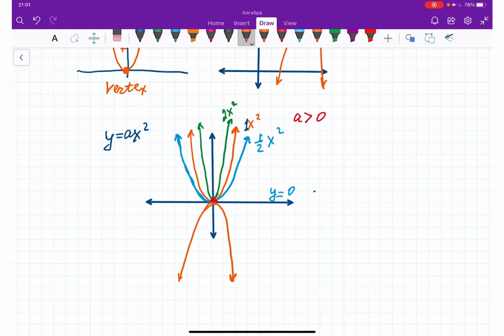So this is going to be negative x squared, where a is going to be negative 1. Now, to build negative 2x squared, it's going to shrink more.